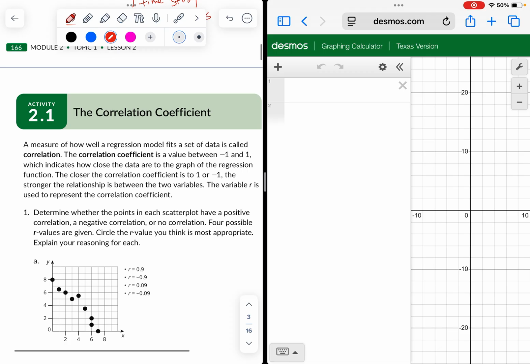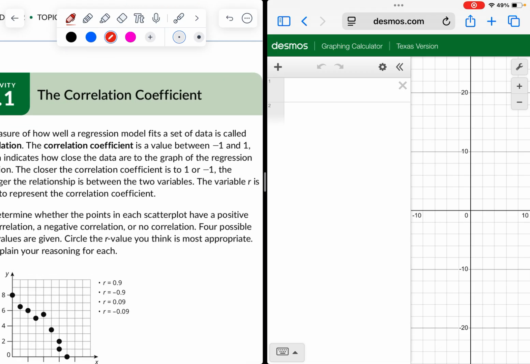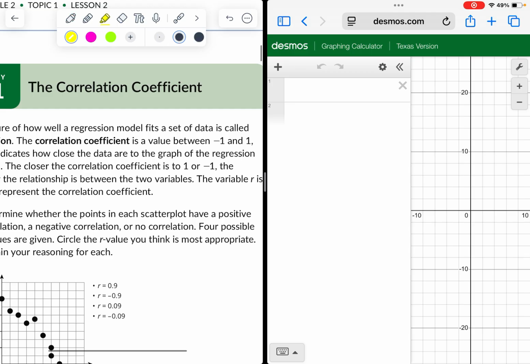Okay, the correlation coefficient is something that we're going to let Desmos calculate for us. A correlation coefficient is going to be some number, and it's going to be between -1 and +1. Here is what I want you to know. If you're at -1, there is a very strong correlation, but it is called a strong negative correlation.